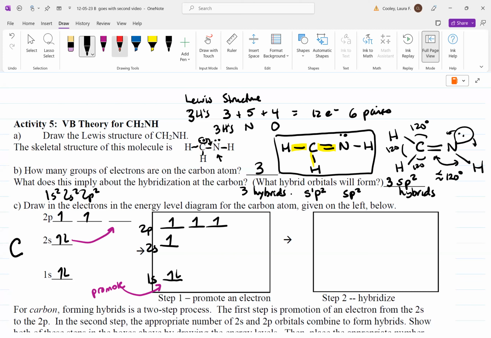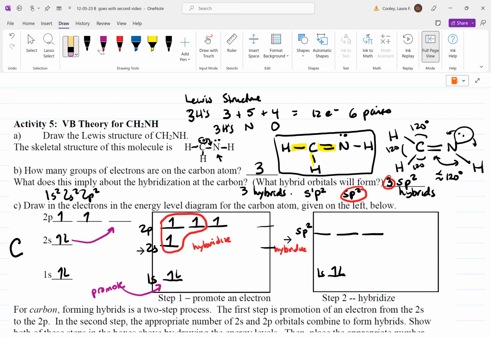That's still not what we need, because like I said, we need these sp2 hybrids, and there are 3 of them. So we're going to circle the s and 2 of the p's, and we're going to hybridize these. And then again, we have 1s, but now we go sort of part way in between the energy of the 2s and the 2p. And here are our sp2 hybrids.